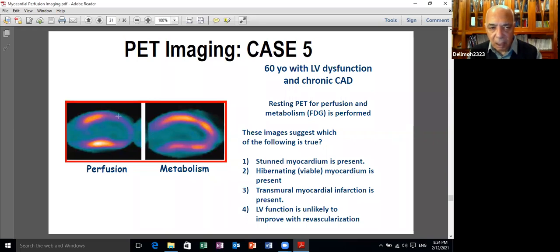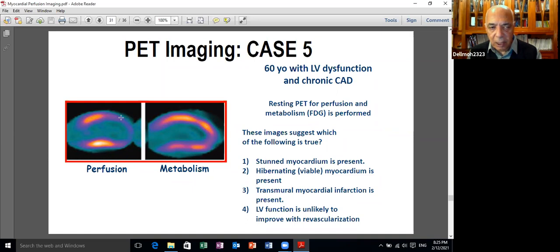The blood flow does not reach the heart, but the metabolism is intact. So let me repeat this again. Patients having a perfusion mismatch, this is a characteristic of the hibernating myocardium. And in the hibernating myocardium, there is no blood flow going to the myocardium.